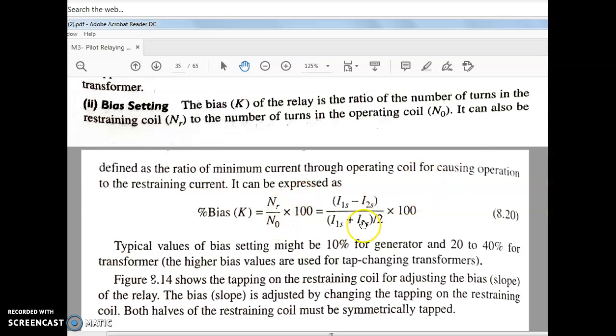It is inversely proportional to the current. The current through the operating coil is the difference between the two currents, and the current flowing through the restraining coil is I1s plus I2s divided by 2, because half the turns are divided at both sides.